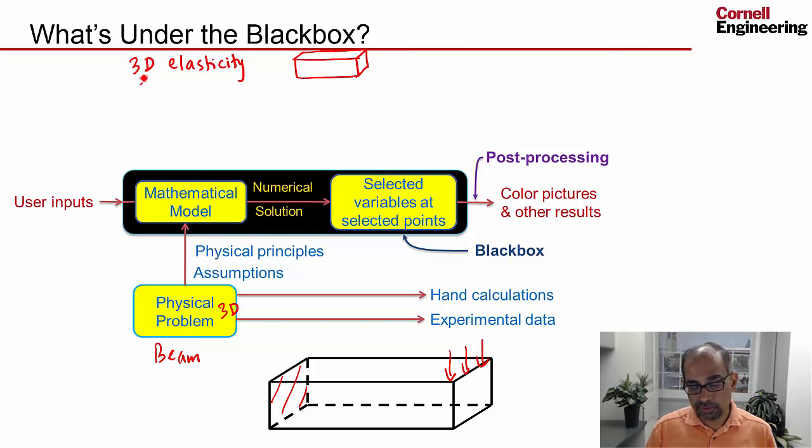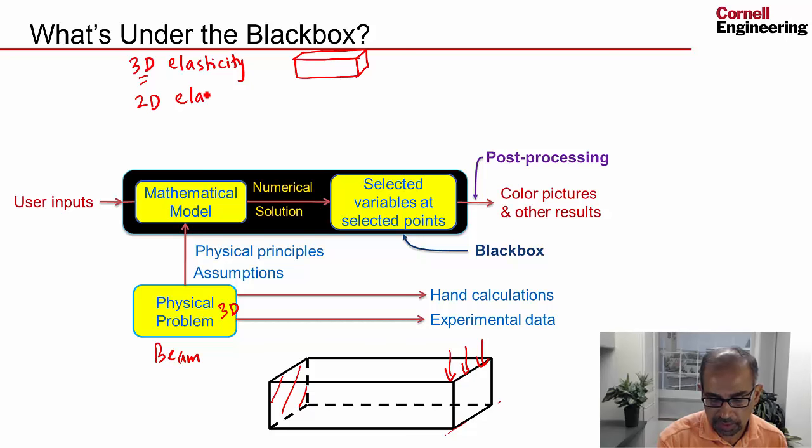Another approach that is related to this is you say, hey, I'll make an additional assumption that there are no variations in the strains and stresses in this direction. And you can then reduce this to 2D elasticity, particularly plane stress.